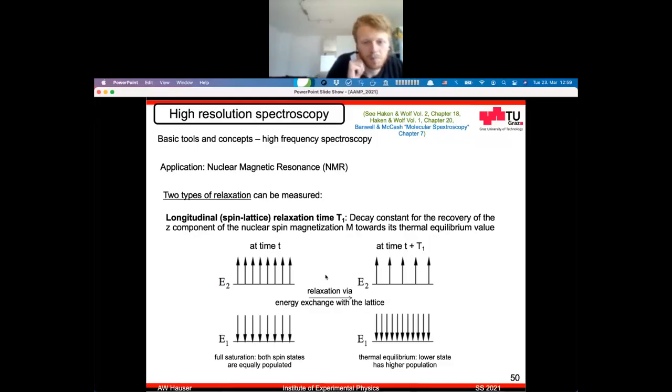In this type of relaxation, which is called the longitudinal relaxation time, we're just looking at the time it takes for the magnetization to change its sign, right? To go from -1 to +1, for example. So we're talking about the longitudinal component, with longitudinal meaning the projection of the magnetization onto the field axis. That's why it's called longitudinal, and it is a relaxation that happens due to couplings of the spins to the environment, to the lattice they're sitting in.